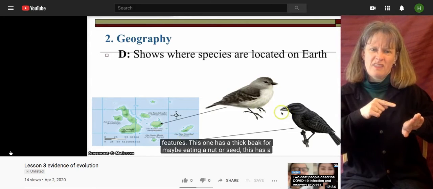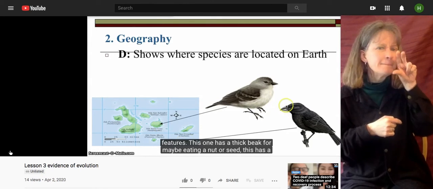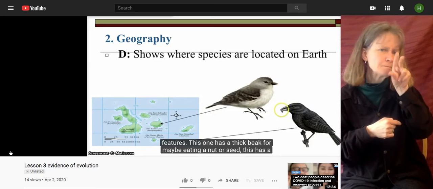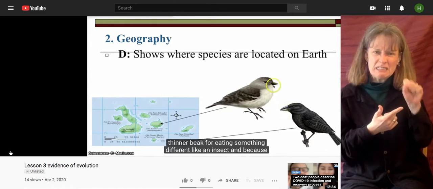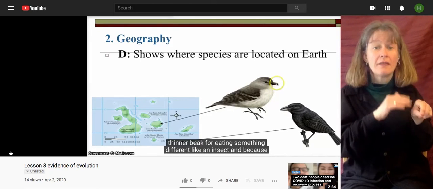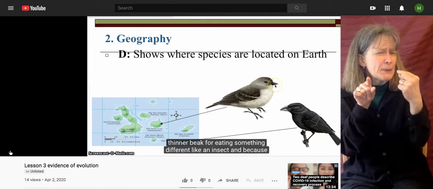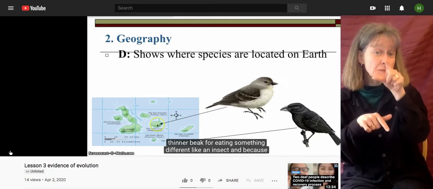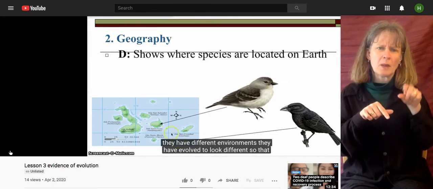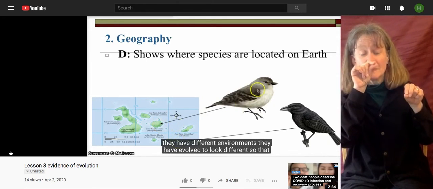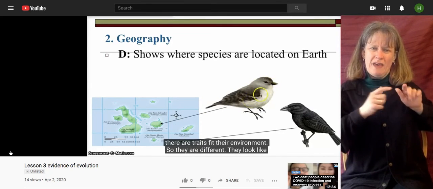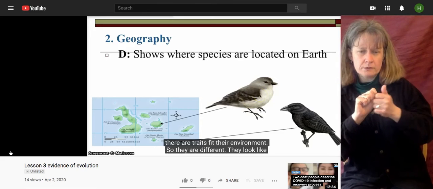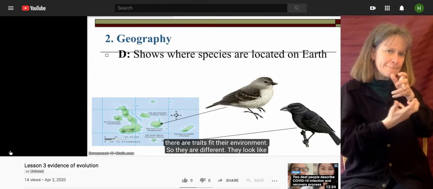This one has a thick beak for maybe eating a nut or seed. This has a thinner beak for eating something different like an insect. And because they have different environments, they have evolved to look different so that their traits fit their environment.